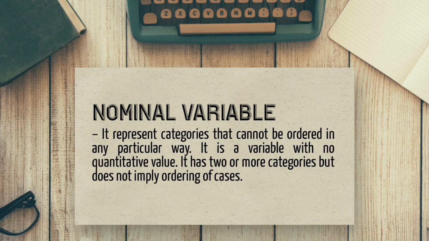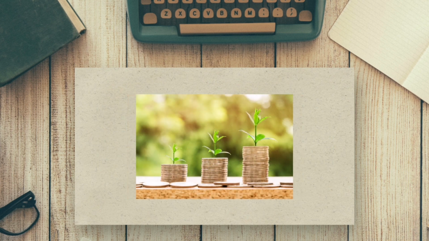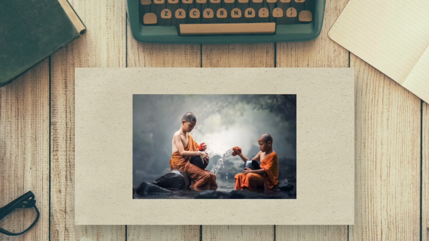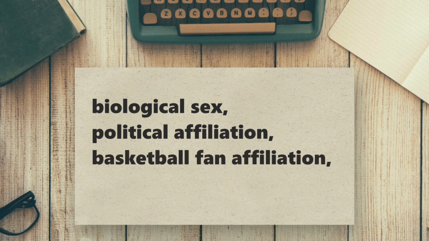It represents categories that cannot be ordered in any particular way. It is a variable with no quantitative value. It has two or more categories but does not imply ordering of cases. Common examples of this variable include eye color, business type, religion, biological sex, political affiliation, basketball fan affiliation, and so forth.